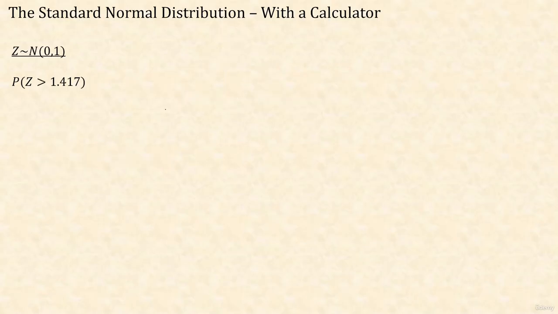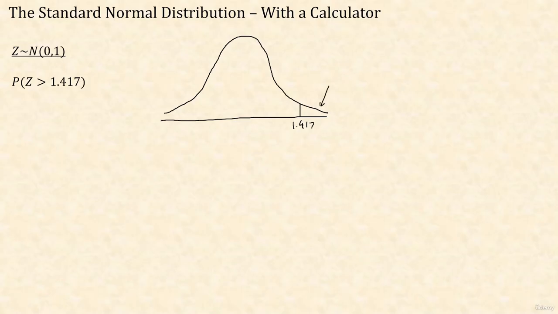Okay, what about this one here? Well, for this one, you get your sketch up again, and it's greater than 1.417. So it's this region here, and we saw in the previous video that the method to do that using tables was first work out the probability of being less than that point, and then do 1 minus that.